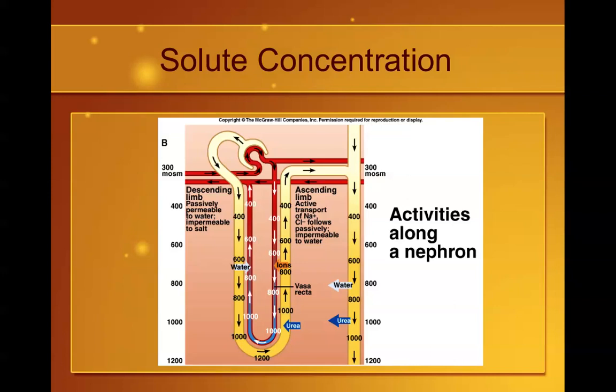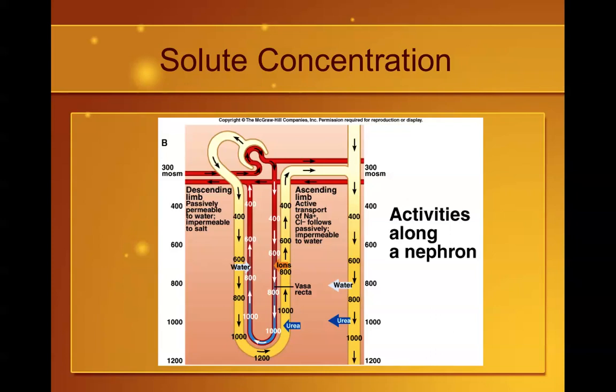You can only have osmosis. And if you go back to cells, remember that you could have active transport of sodium. Remember the sodium-potassium pump. So some ions can be actively transported.